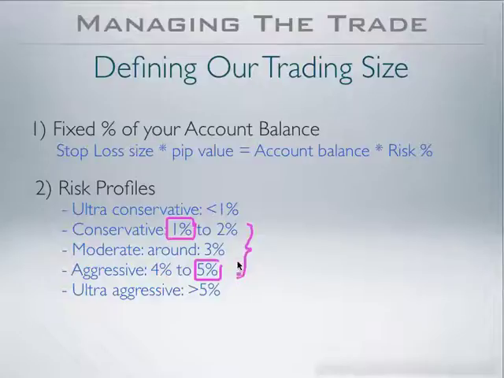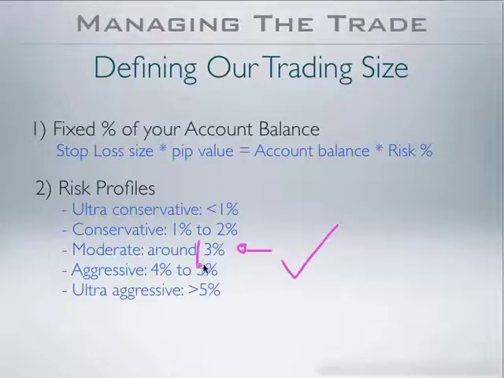Between 1 and 2% if you are conservative, around 3% if you are moderate, or between 4 and 5% if you are aggressive. My personal advice: just be moderate. 3% is a sensible middle point, the sweet spot. As far as money management goes, risking 3% of your account size is more than appropriate.